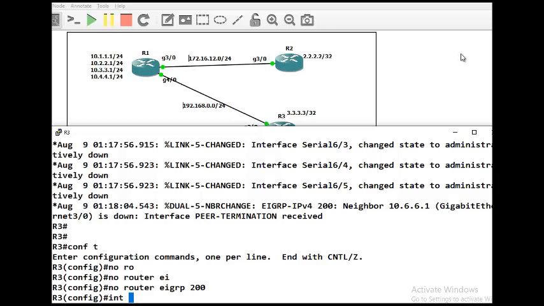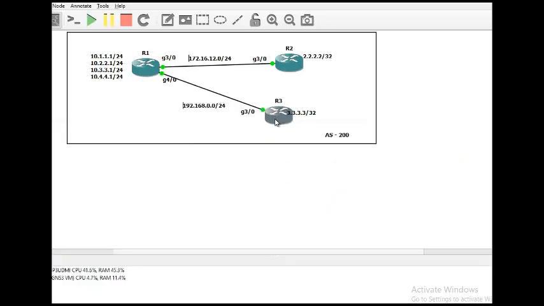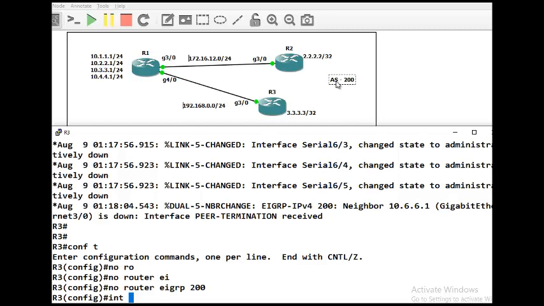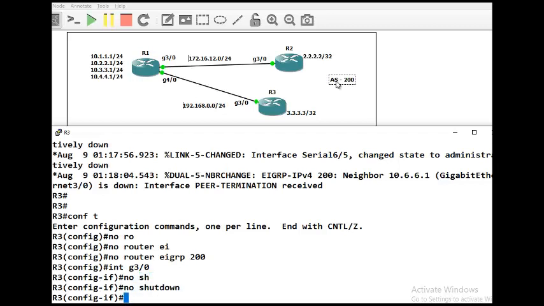Interface name is G3/0. Interface G3/0. 255.255.255.0.